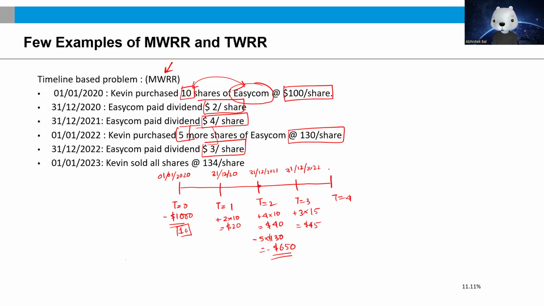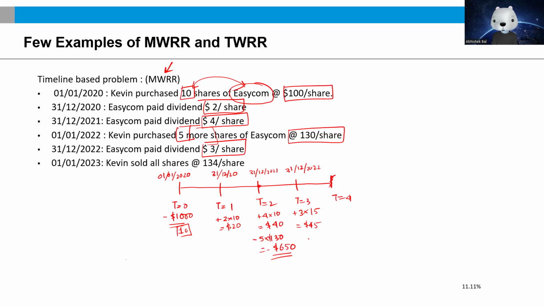And at this year itself, that is on 1st of January 2023, Kevin sold all the shares after receiving the dividends at 134 apiece.